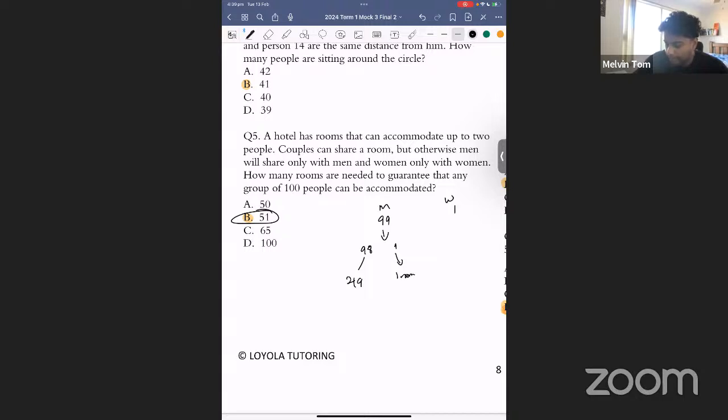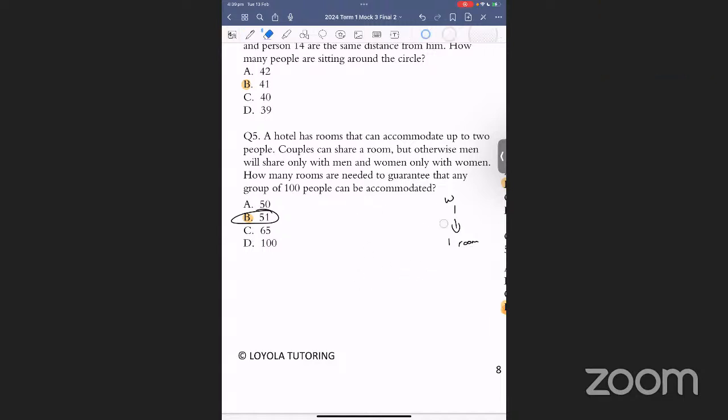And for the other woman who's alone, she gets her own room as well. So you have a total of 49 plus 1, which is 51. You understand? Awesome.